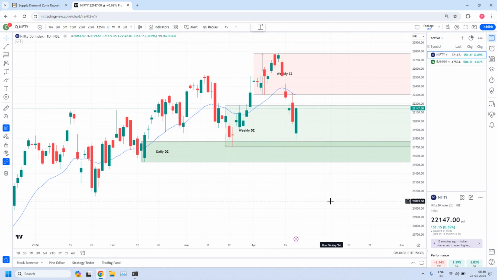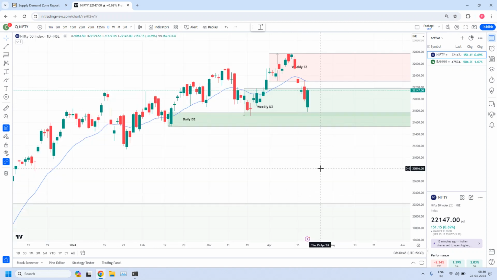Already tested 2 times. This is the first test and probably this could be the second test. Didn't reach, but it came very close within the entry buffer area of this daily demand zone. Prices reached.